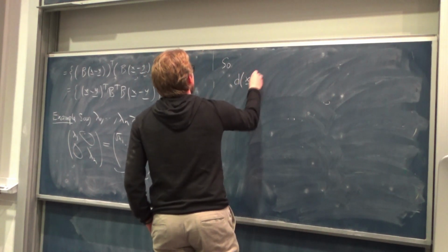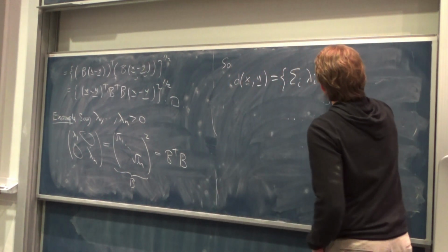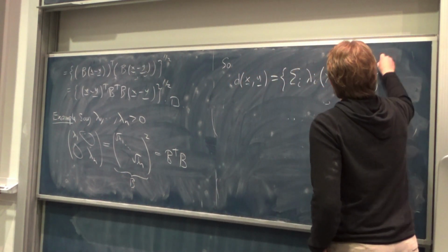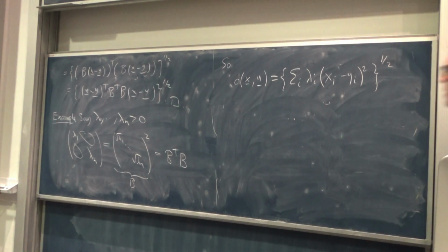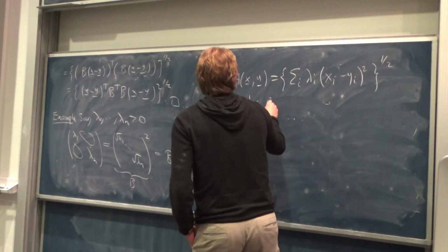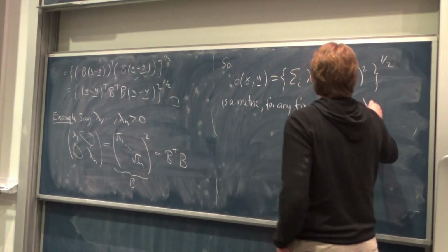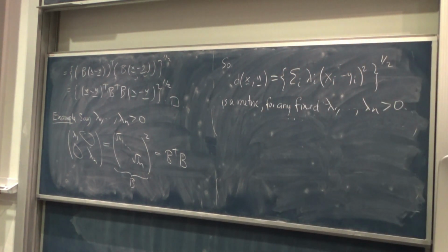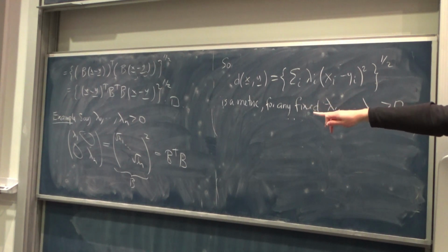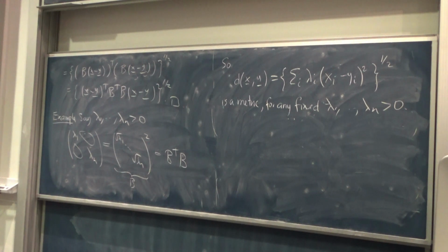The distance from x to y is the square root of the sum of lambda_i times (x_i minus y_i) squared, square root. So this is a metric. Right, as long as I fix a sequence of positive real numbers, this formula is just what you get by plugging in that particular diagonal matrix, if you think about it. So this is a metric on Rn.